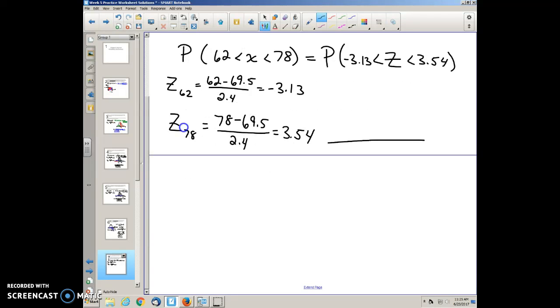All right, we can draw a picture of our scenario here in the z distribution, standard normal distribution. 0 is the mean, 3.54, negative 3.13, and we want the area between.